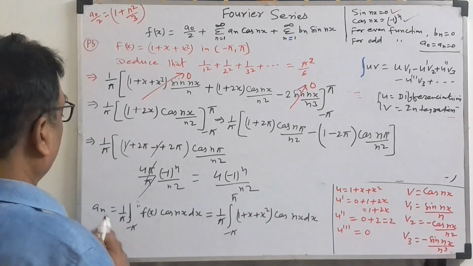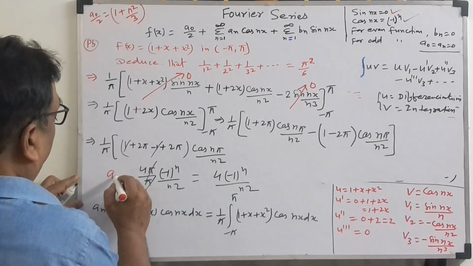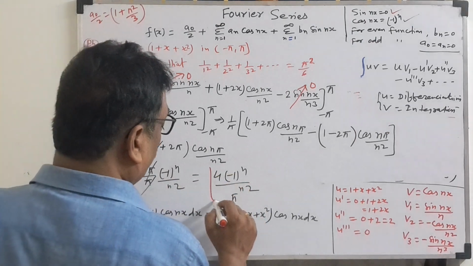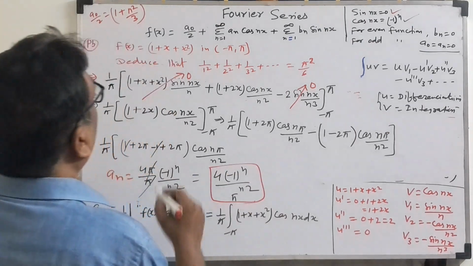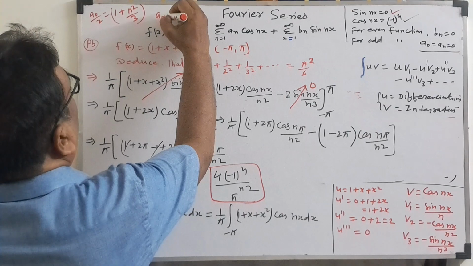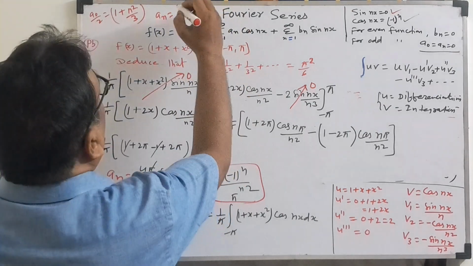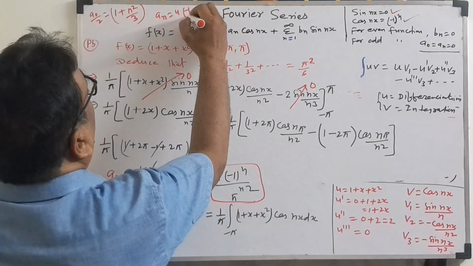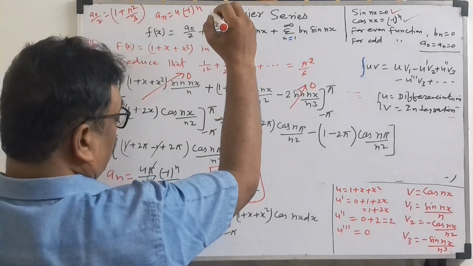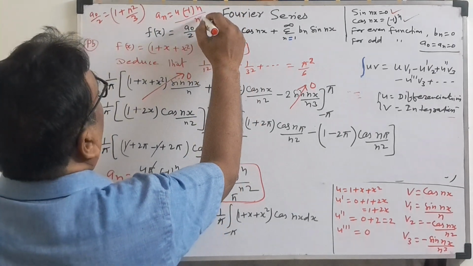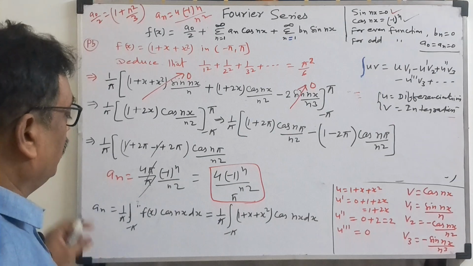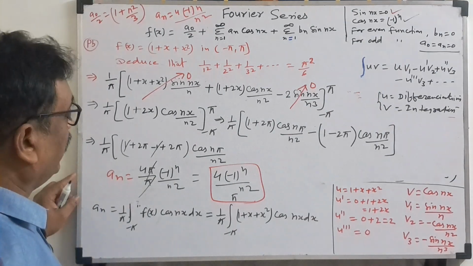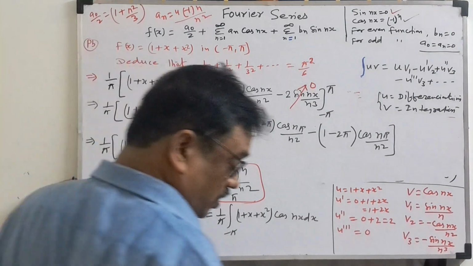What is this one? an. What is an getting? This one only. So write somewhere an is equal to, because once I write an, there should not be any mistakes. an is equal to 4 minus 1 power n by n square. This is called an.